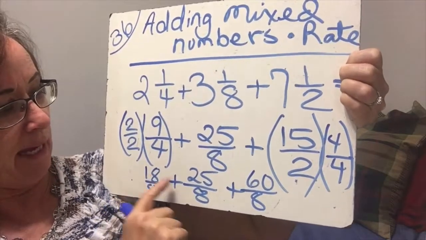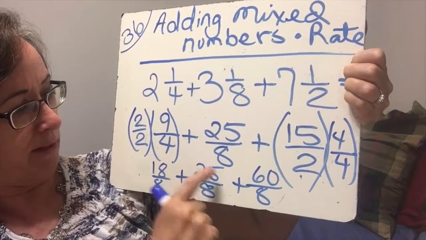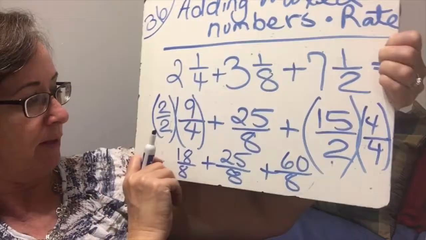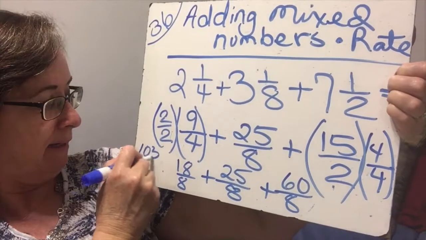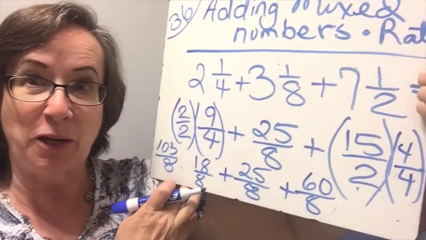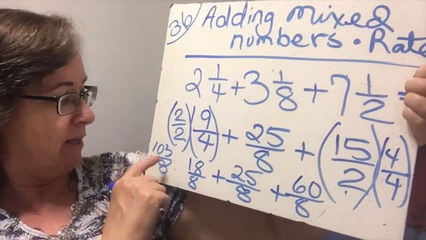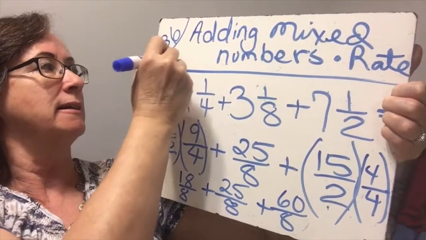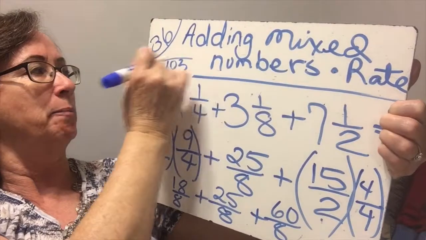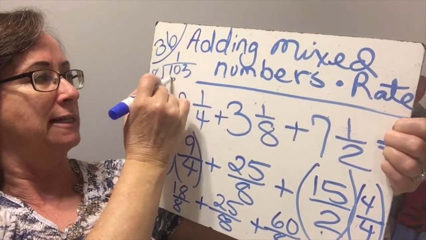And now when I add up all the numerators, I'm going to get 103 divided by 8. Now I have to turn it back into a mixed number. Phew, this is a lot of work, isn't it? So 103 divided by 8. 8 goes into 10 one time. 1 times 8 is 8.